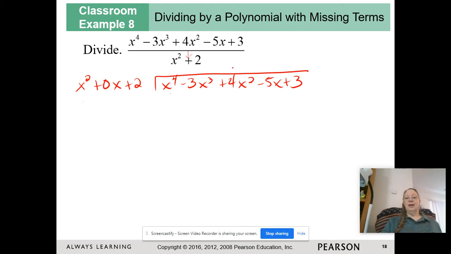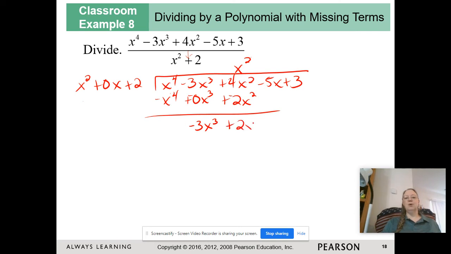X squared goes into x to the 4th, x squared times, and we multiply. 0x cubed and 2x squared. And we're going to change the signs. Okay. And we get negative 3x cubed. We've got 2x squared.